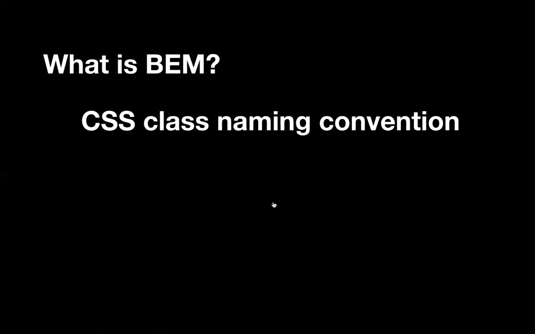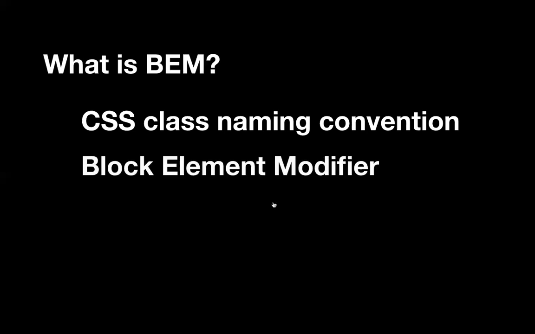BEM is an approach you could take for these problems. So, what is BEM? BEM is a CSS class naming convention. It's a way to approach naming your CSS classes. What does BEM stand for? It stands for Block Element Modifier.